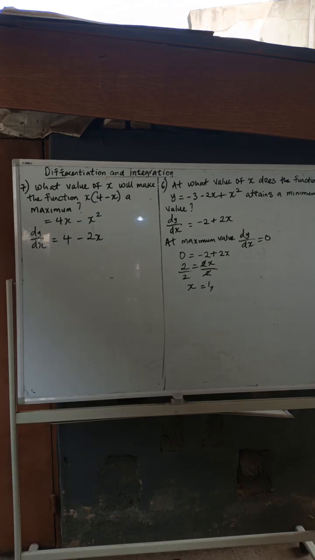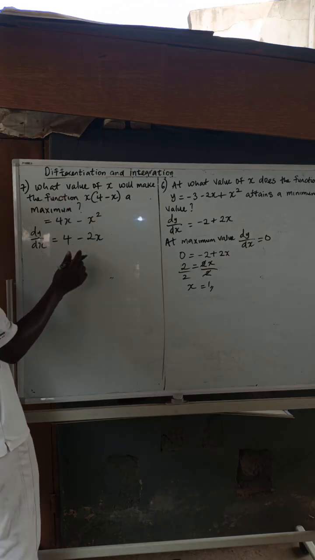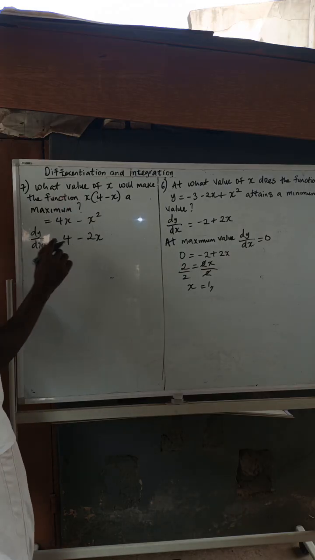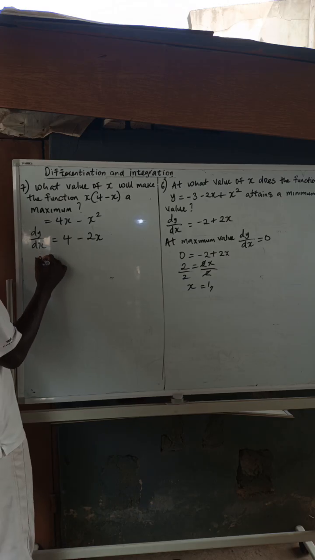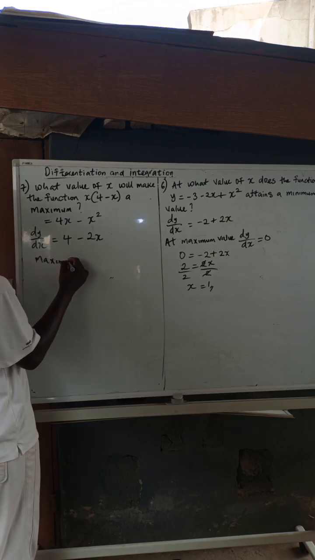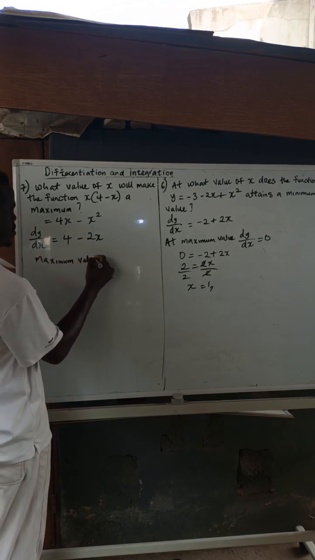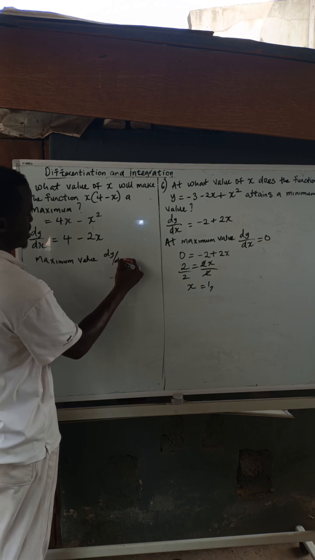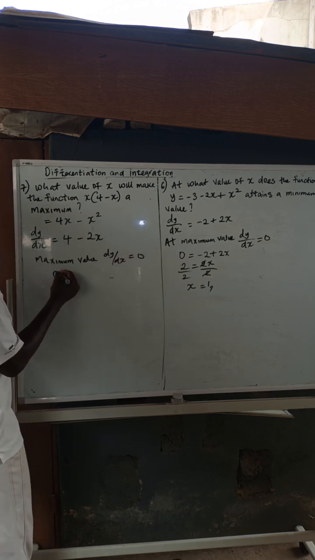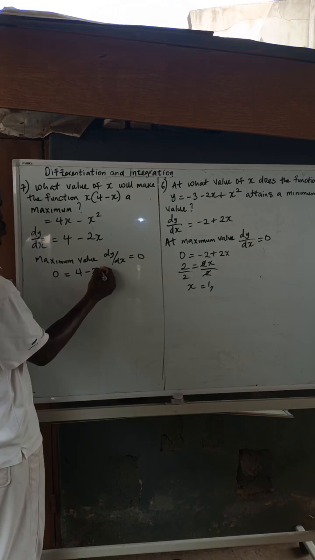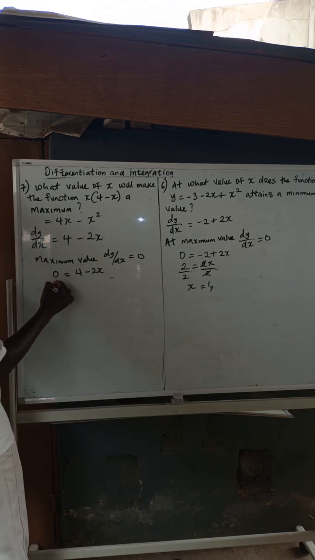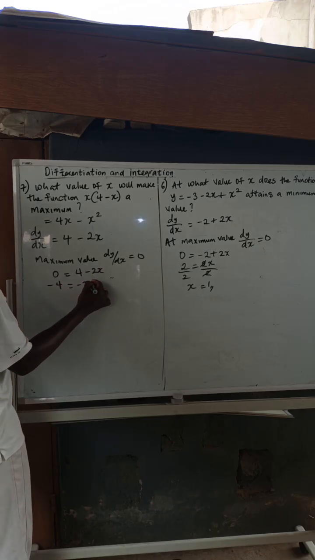What value of x will make the function a maximum? I've already told you that at maximum value, your dy/dx is equals to 0. So that is 0 is equals to 4 minus 2x. If I bring this one here, it becomes minus 4, which is equals to minus 2x.